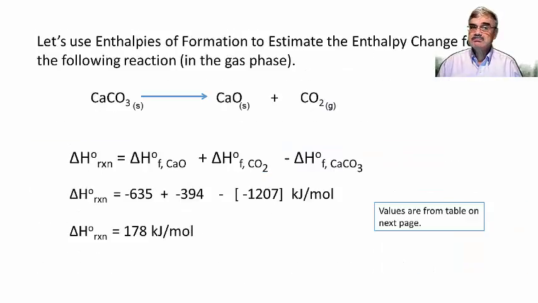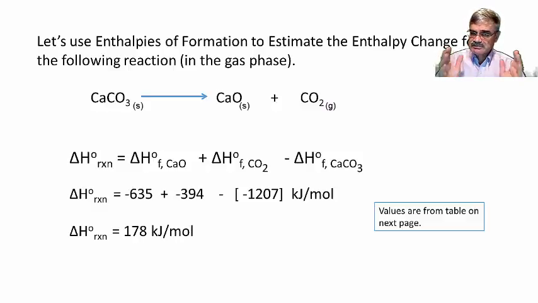How can we use them? We can use enthalpies of formation to estimate the enthalpy change for unknown reactions. Again, estimating enthalpy changes for unknown reactions. For example, let's say that we have calcium carbonate going to calcium oxide and carbon dioxide gas.